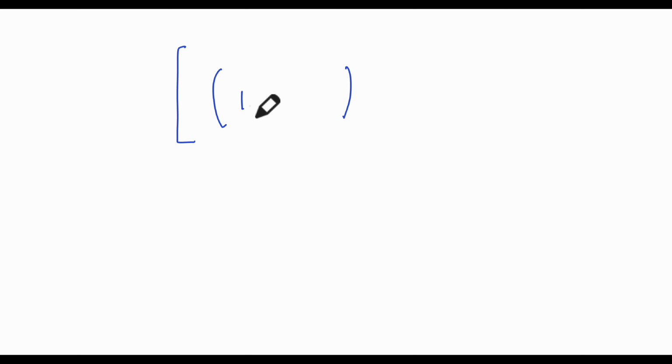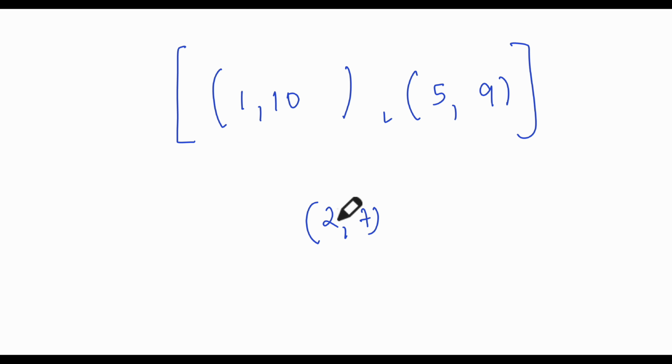The difference was 1, the element was 10. The difference was 5, the element was 9, for example. Now if an element with difference 2 and element 7 is coming up, technically what it means is, if the difference is greater than this and less than this, right? So it will come here. That's what I'm going to code.